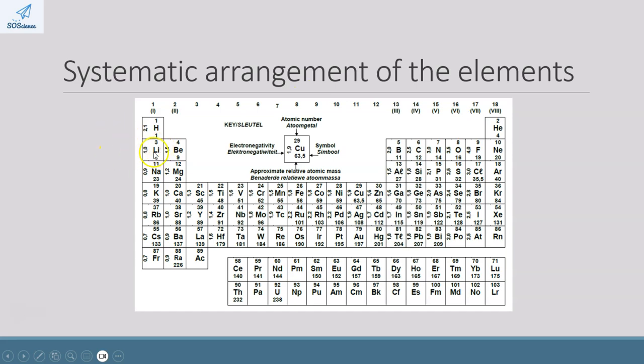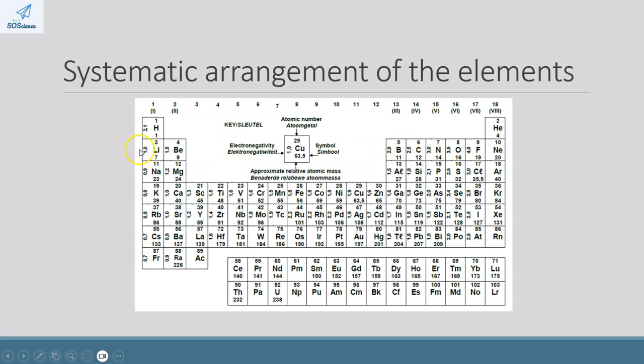Now, when we move on to the second energy level over here, that is n equals 2, well, that tells us that the outermost electrons of all these period 2 elements exist in the second energy level. So their first energy level is full, meaning that in their first energy level they have 2 electrons, and in their second energy level they have their outermost electrons.